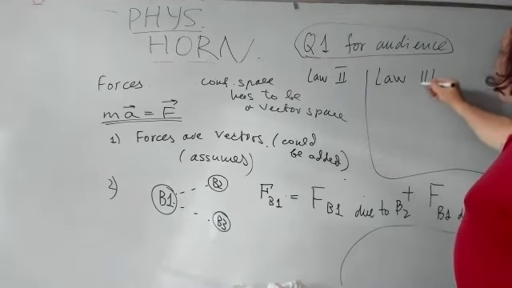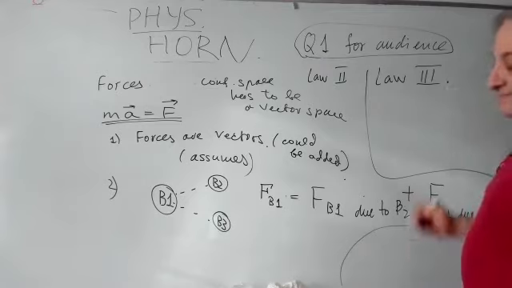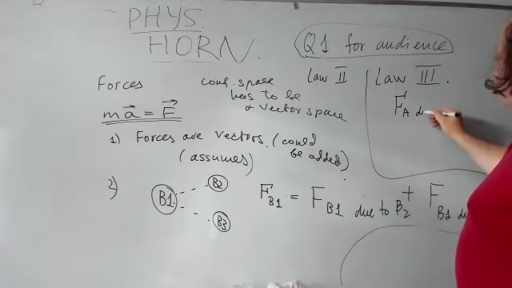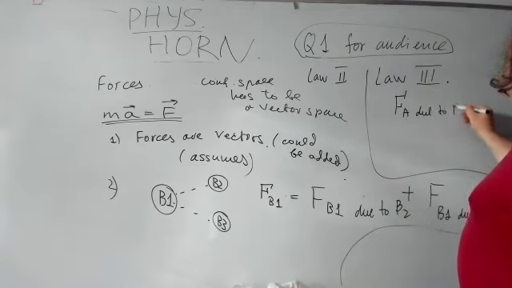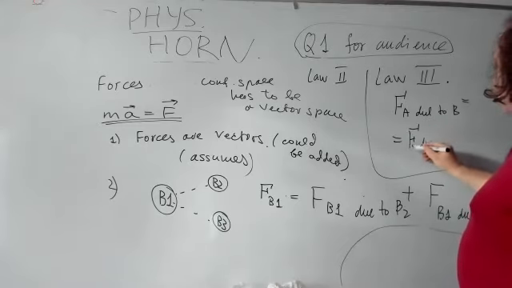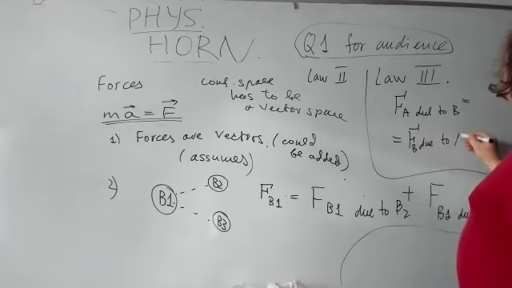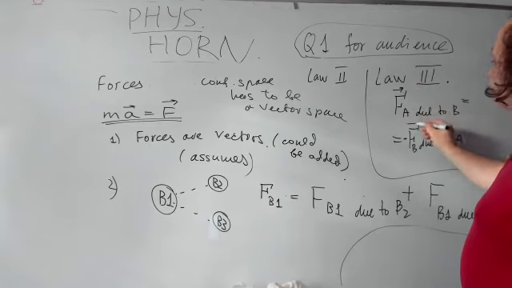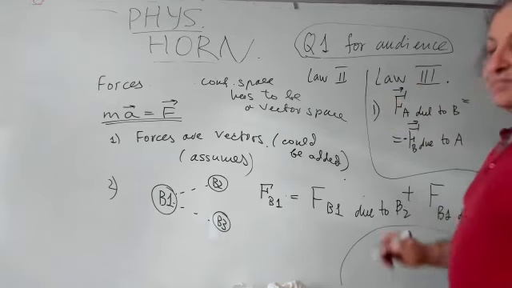So law number 3. It's interesting. He says F A due to B equals F B due to A with the minus. But it is only the first part.